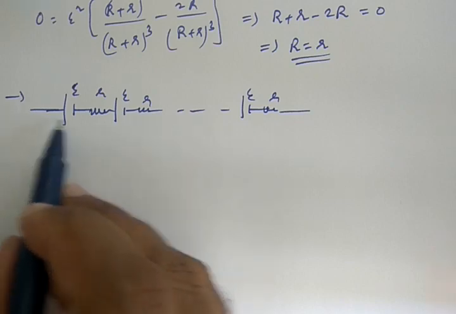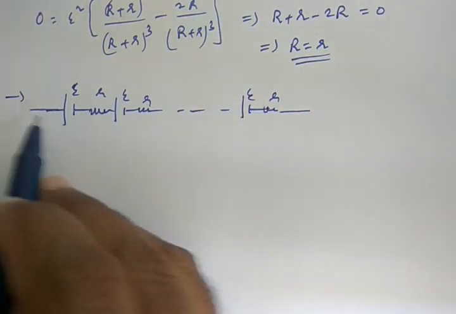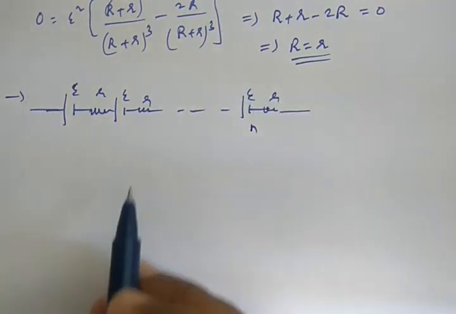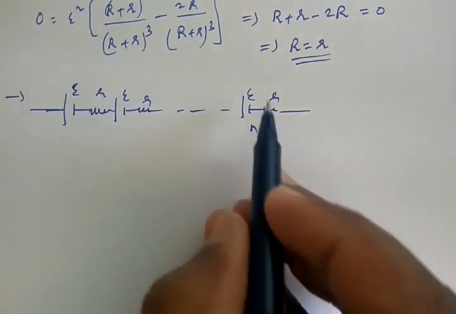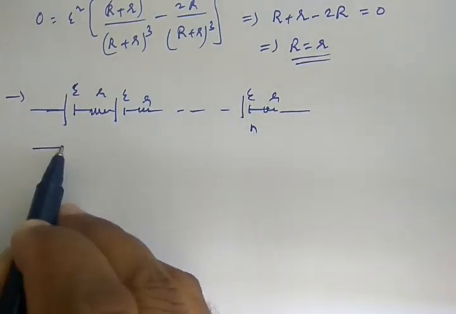So I will have m number of sets like this. This is one set, and this is the nth battery, let us say. I will have m number of sets like this, and let us connect all of them in parallel to each other.